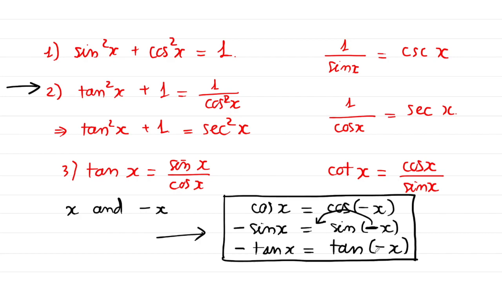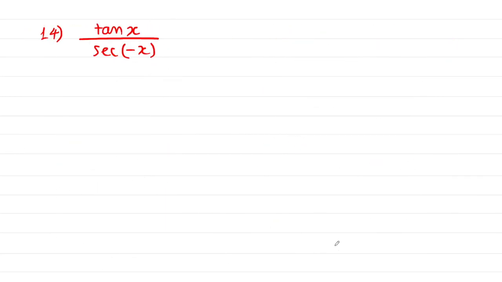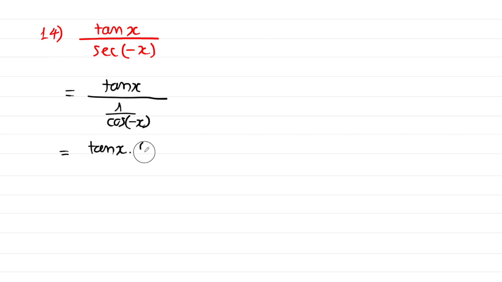The same idea for tan of minus x. This sign will move outside the bracket and become minus tan x. So for this question, you can see here you have tan x. About sec, it means 1 over cos minus x. So 1 over cos minus x means tan x here times cos minus x here and divided by 1.